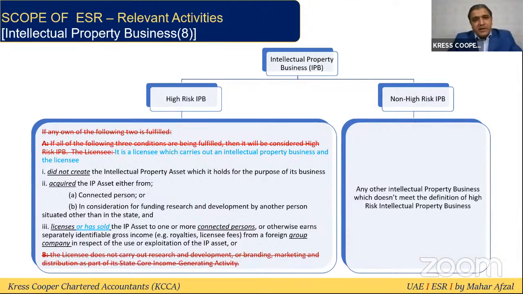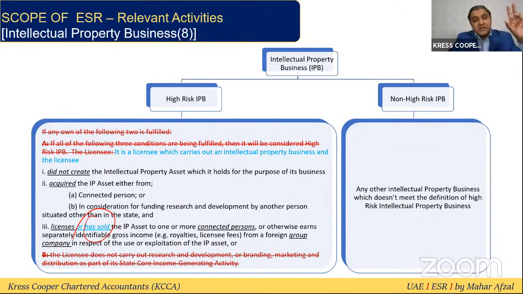Now they said if the licensee is carrying out intellectual property business and this intellectual property asset has not been created by the licensee, but the licensee has taken it from a connected person, or the licensee has funded research and development outside the UAE and through this has got the intellectual property asset, then if this asset is being given to a connected person or sold. Initially, the word sold was not there. Now they have inserted the word sold as well.